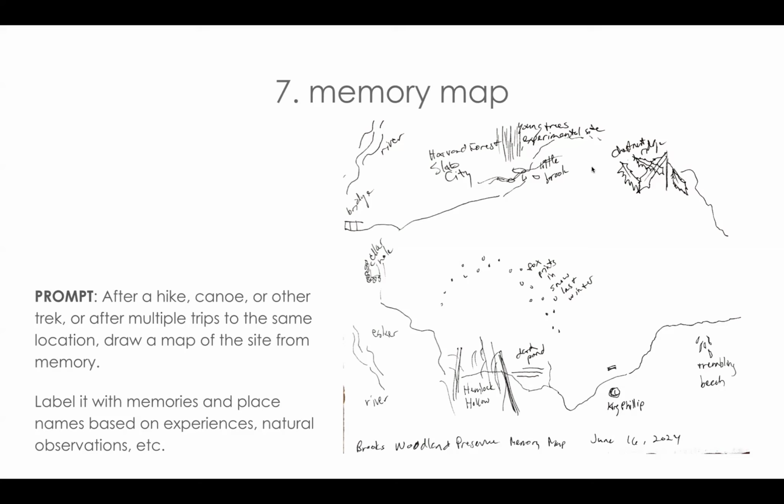So it's my relationship with this place. This is a really interesting exercise when you're trying to get at not just a scientific approach to the landscape, but an emotional relationship with the land. So I find this to be a nice little exercise for getting at that.